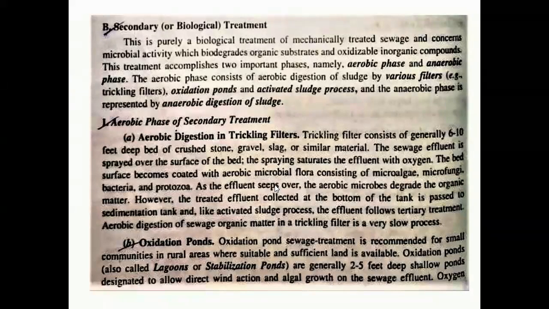Trickling filters generally consist of a 6 to 10 feet deep bed of crushed stones, gravel, slag, or similar materials. The sewage effluent is sprayed over the surface of the bed. The spraying saturates the effluent with oxygen.